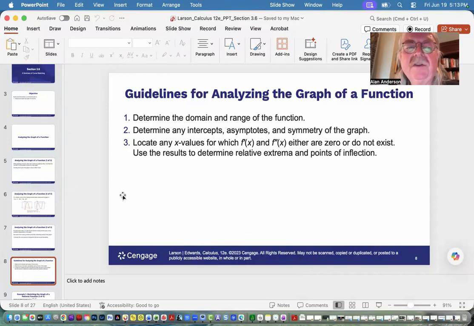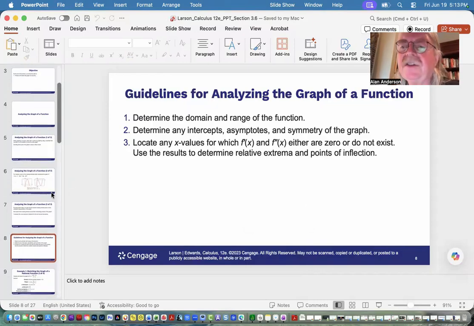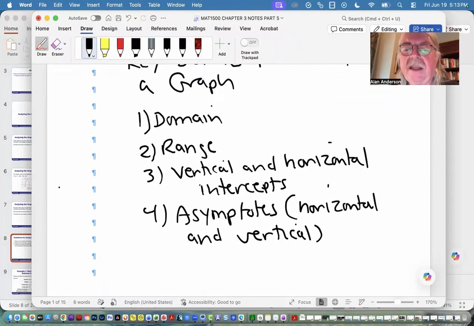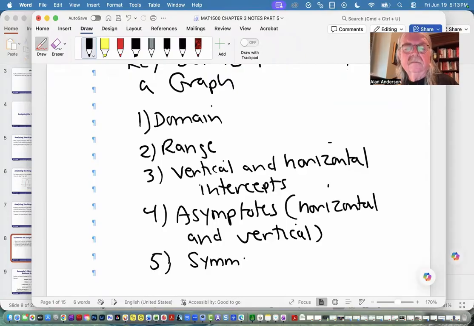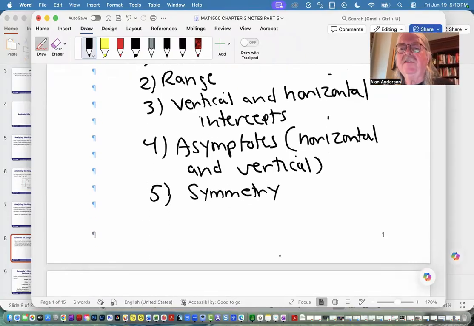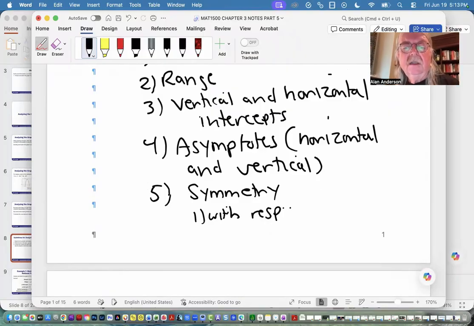Symmetry. Now, there are different kinds of symmetry that we may encounter. I'll make a list of them. We might have symmetry from left to right, from top to bottom, or more formally, with respect to the vertical axis.